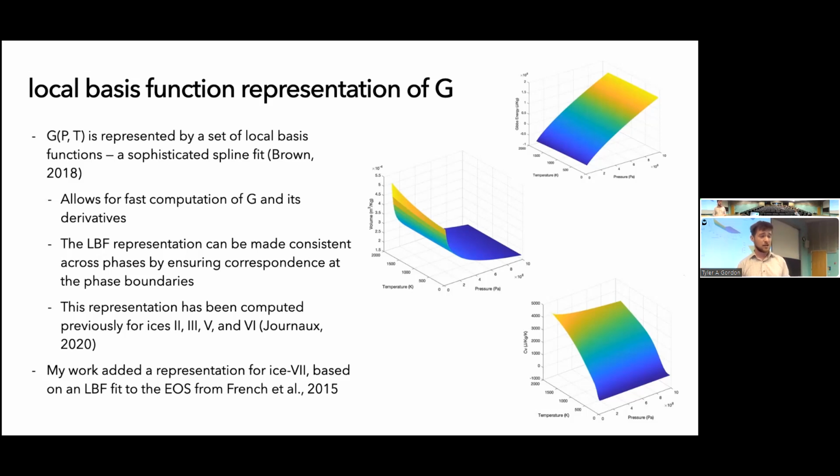This representation has already been computed previously for ices up through ICE6. And so again, my part of this work was to develop a similar representation for ICE7. We based this on a fit to the equation of state by French et al. in their 2015 work. So we took their work, translated it into the Gibbs energy space, and then fit this spline to it to get our representation of the Gibbs energy surface.